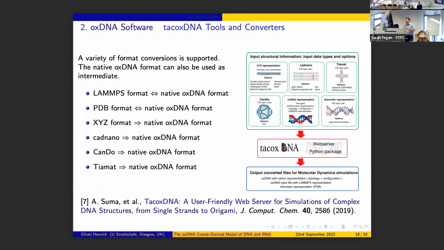So when you define the structure, here I've got the stuff that needs to hybridize. Nano is the design tool for this, and then it converts this into a native oxDNA format, and you can run it. So it's really very helpful.